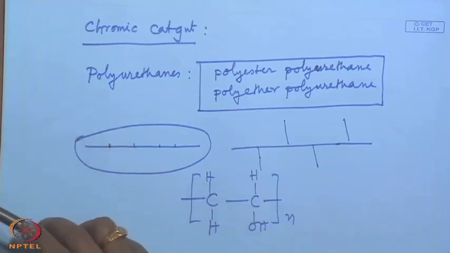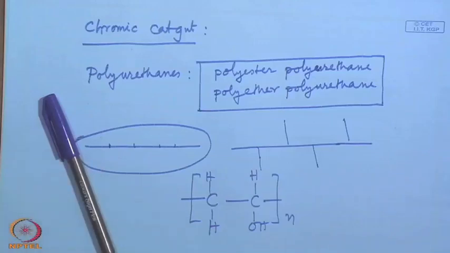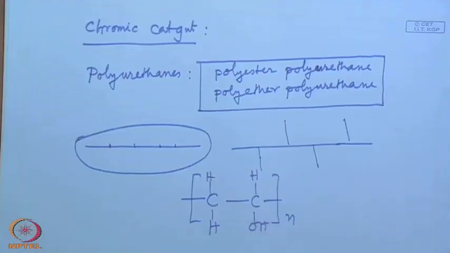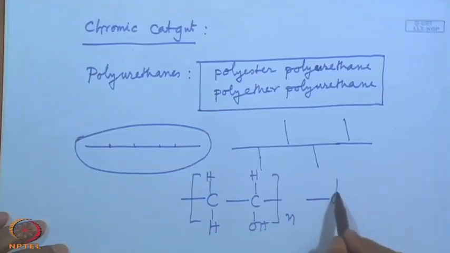This polyvinyl alcohol, PVA, is the most readily biodegradable vinyl polymer. Initial biodegradation involves enzymatic oxidation of secondary alcohol group, this secondary alcohol group in PVA, to ketone group. It is converted to ketonic group like this.